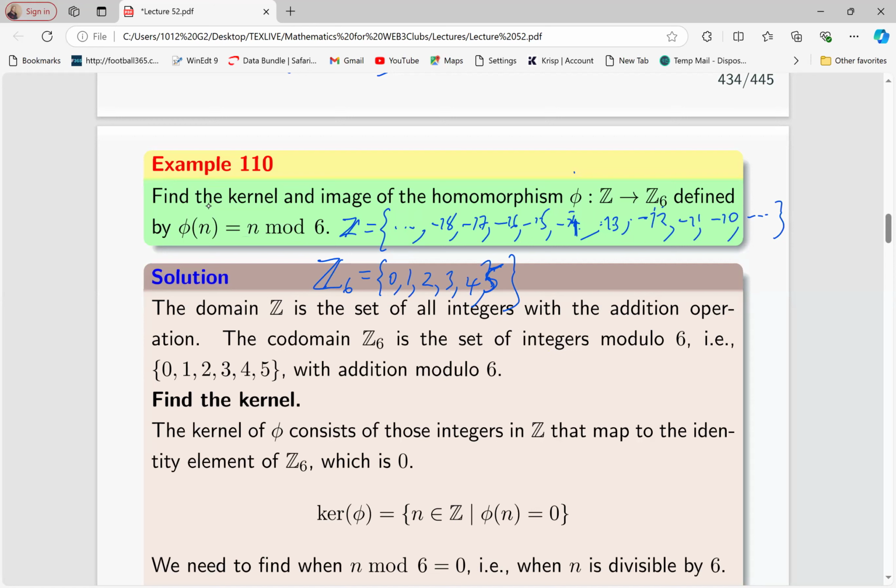Now, I just want us to discuss. Because we've already said that n is mapped to n, in other words, 2 is mapped to 2, 3 is mapped to 3, 4 is mapped to 4, where do you think -18 is mapped to?